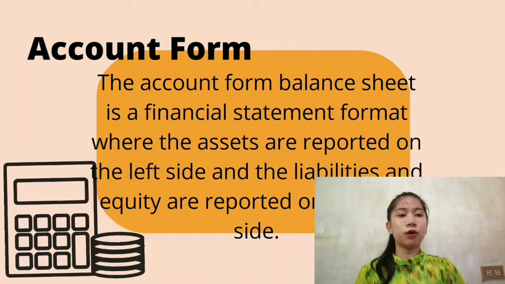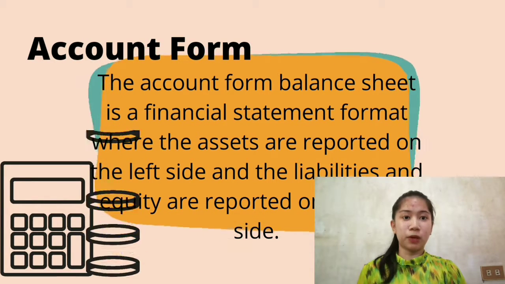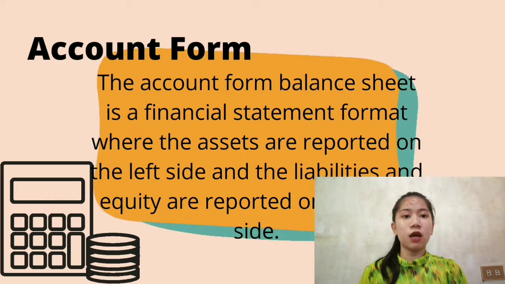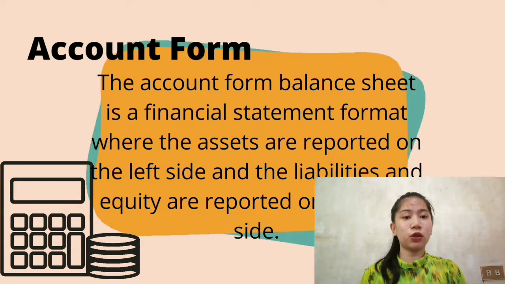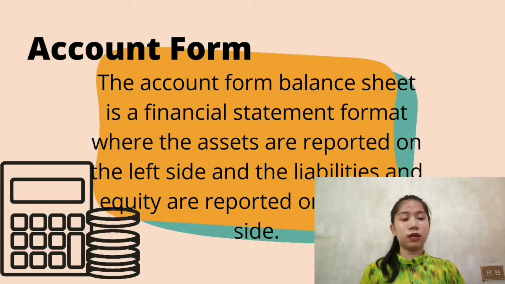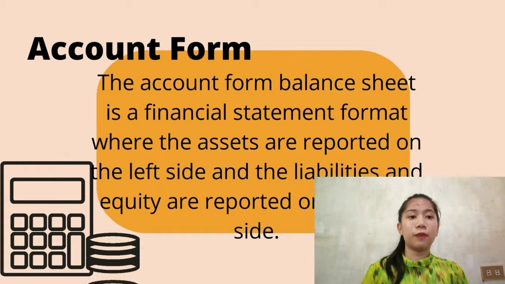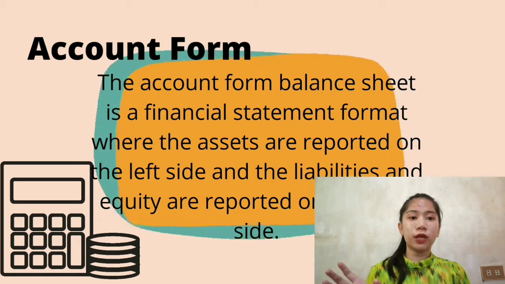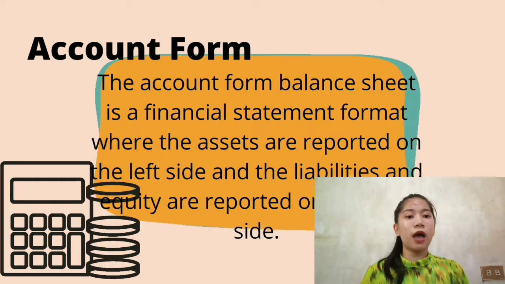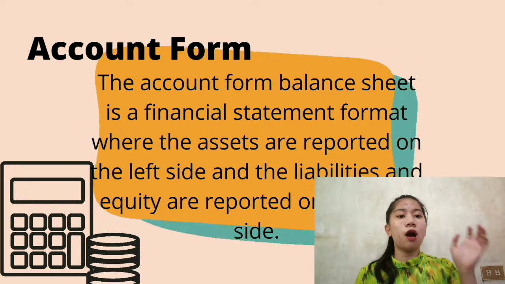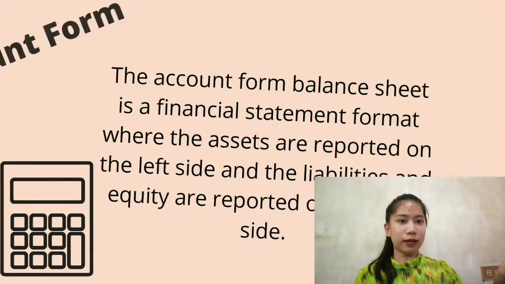We have the account form and the report form. Now let's talk about the account form. The account form is a format in writing a statement of financial position that is in a horizontal manner, wherein the assets are written on the left side and the liabilities and equity are reported on the right side.